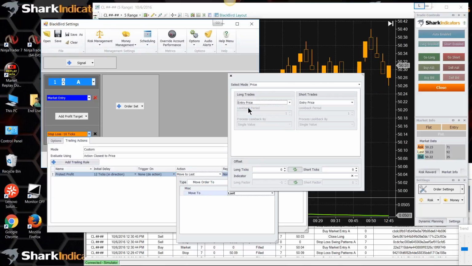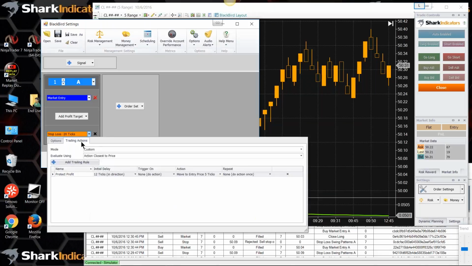So we'll actually base it off of the entry price, and let's say we'll do plus 5 ticks. We'll move our stop loss 5 ticks above the entry price, so that protects our profits. At least we'll capture 5 ticks of our profits here. Oops, I clicked off too far there.